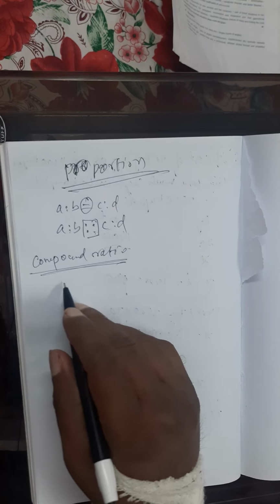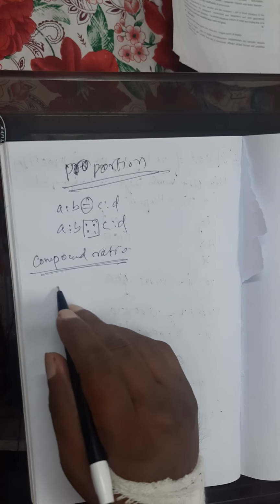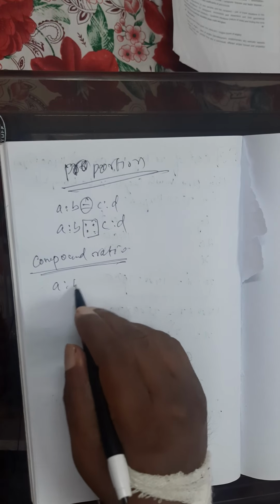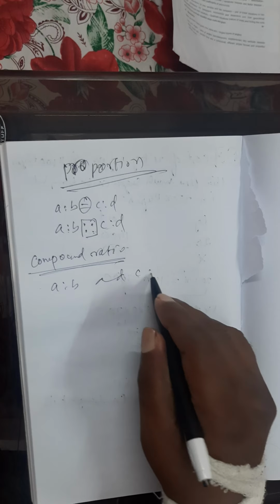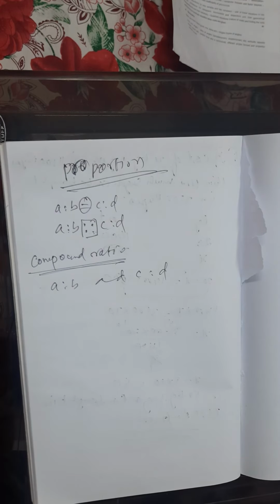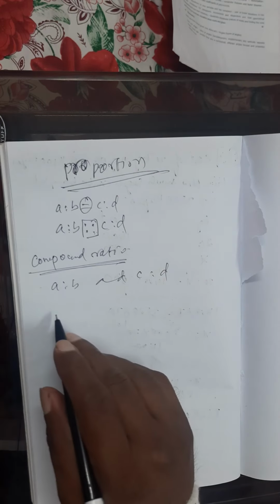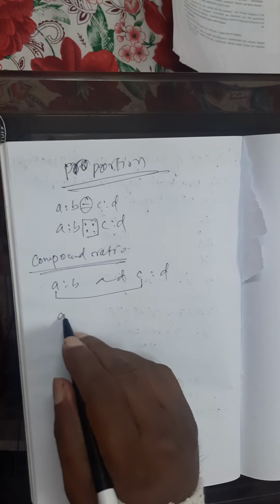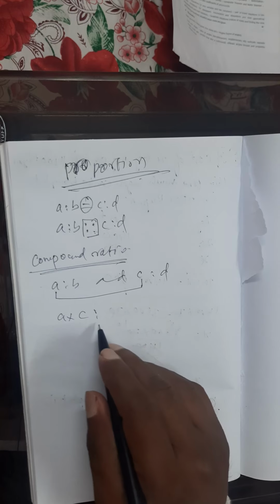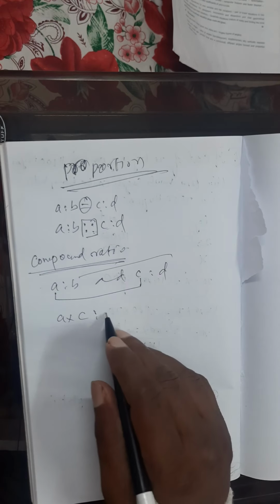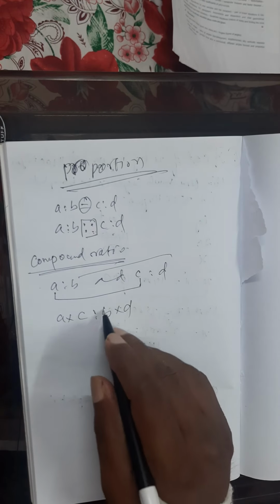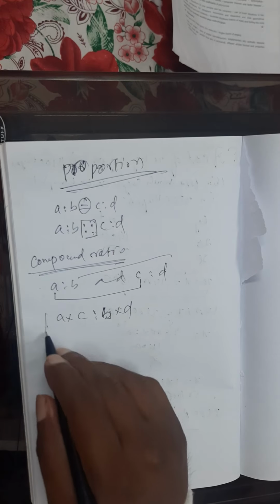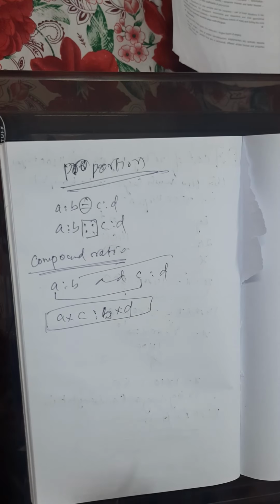Suppose one ratio is A is to B, another is C is to D. The compound ratio of these two is the product of the first parts to the product of the second parts: A into C is to B into D.